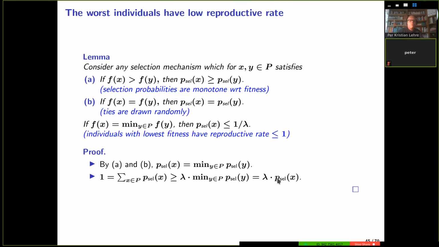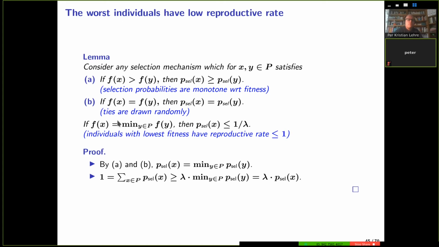Okay, how can we prove this? Well, let's say that we have a fitness function and a selection mechanism that satisfies the following. A: if x has higher fitness than y, then the probability of selecting x must be higher than the probability of selecting y. So this means better individuals are selected more frequently. This is what you can expect from most selection mechanisms.